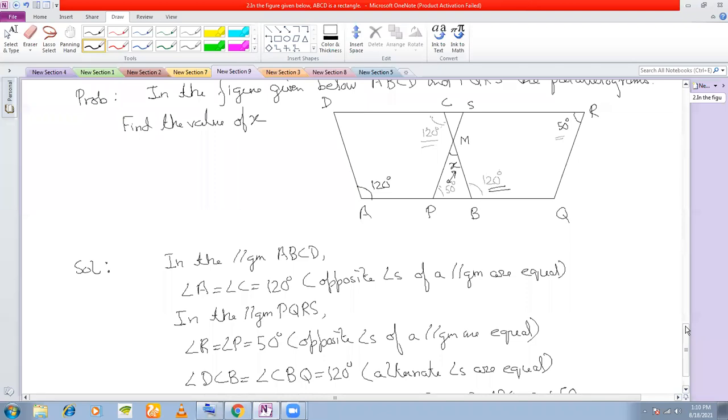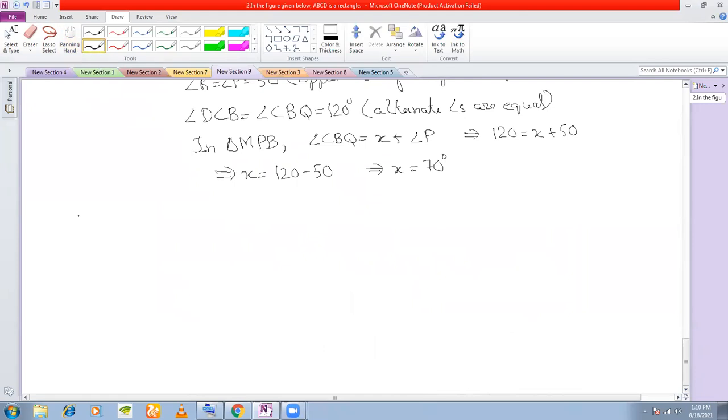Okay. See this problem. In the figure given below, ABCD is a square, and CDE is an equilateral triangle.